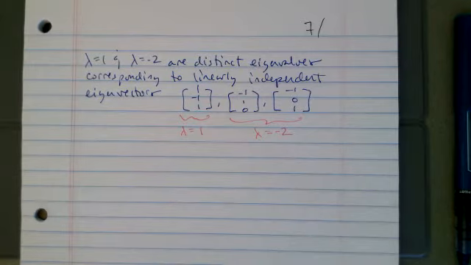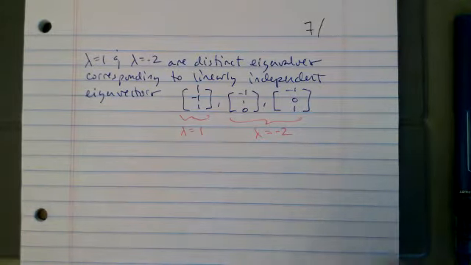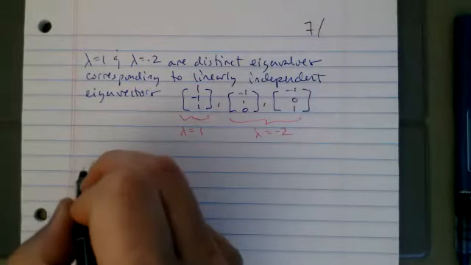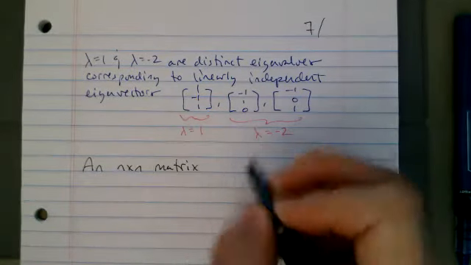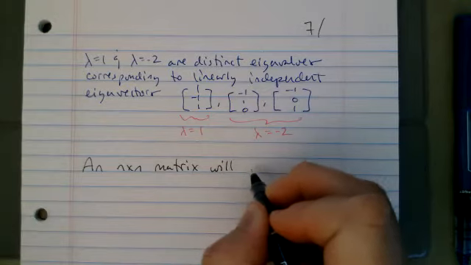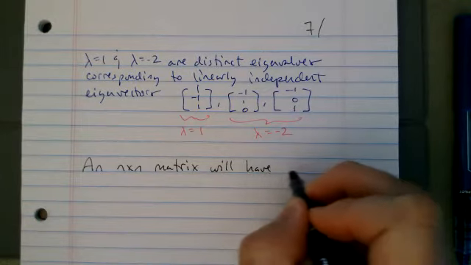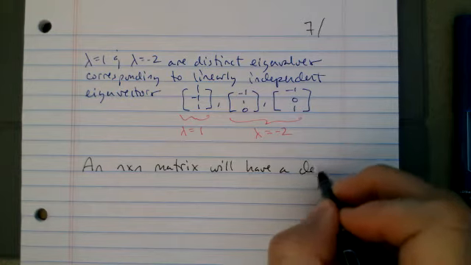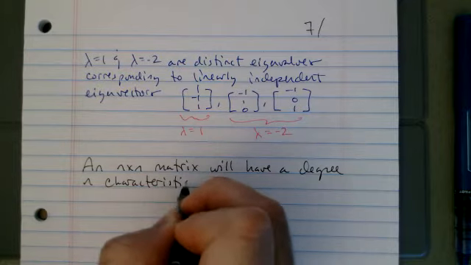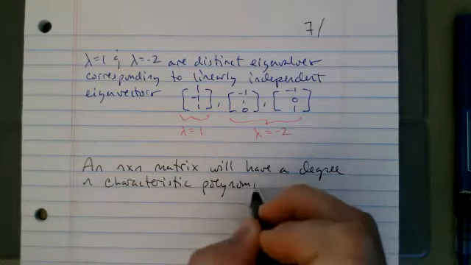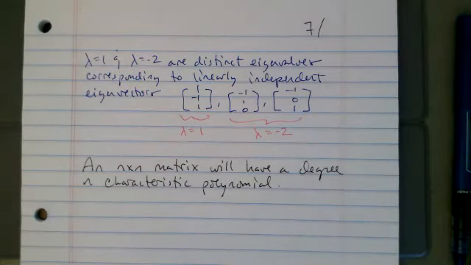An n by n matrix will have a degree n characteristic polynomial.